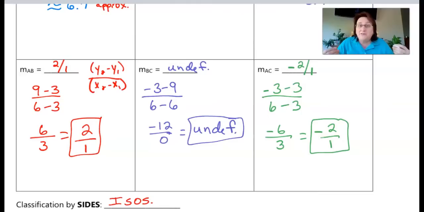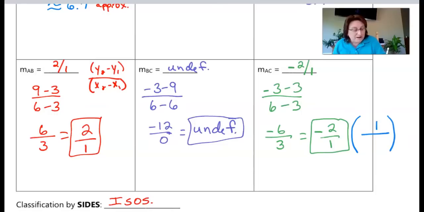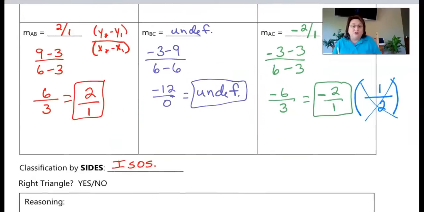Well, those are negatives of each other, but they're not negative reciprocals. And I'm going to write this in parentheses: if we were to have the negative reciprocal, it would be a positive 1/2. That's not what we have.